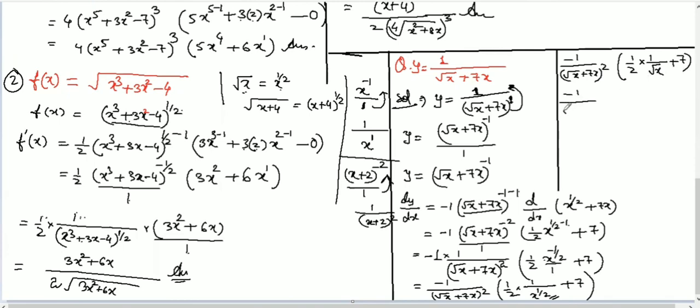Minus 1 over square root of x plus 7x to the power 2. And then here you can multiply it out: 1 multiplied by 1 over 2 root x, and then plus 7 is there. Now one more step we will do here: 1 over square root of x plus 7x to the power 2.